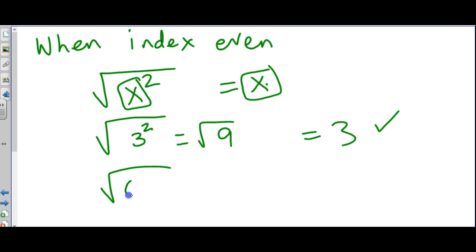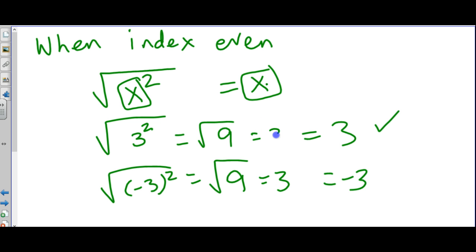What if I did a negative 3 squared? We know it should equal negative 3 according to what it said, but when I do negative 3 squared, that gives me positive 9, which comes out as positive 3. So this one does not work.